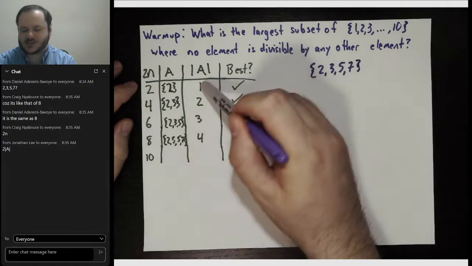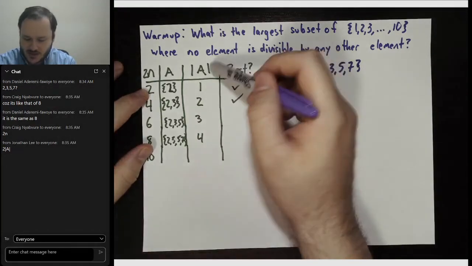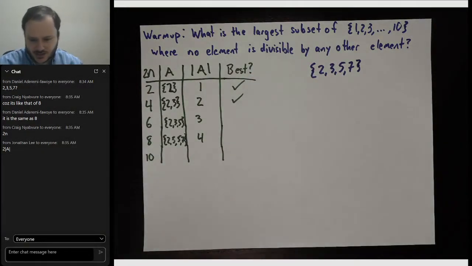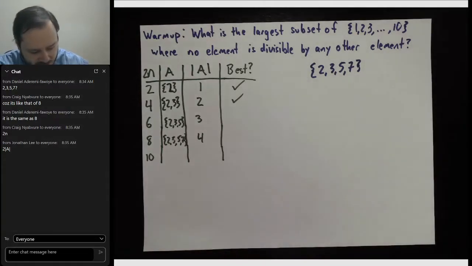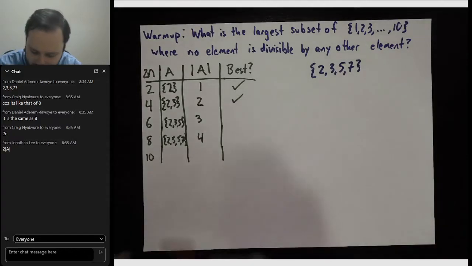Yeah, if you double the size of A, it looks like you're getting to 2n. Or maybe a conjecture. We've talked about theorems a lot, but a conjecture is a theorem you haven't proved yet.